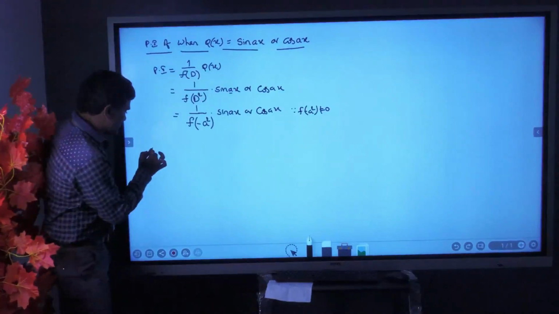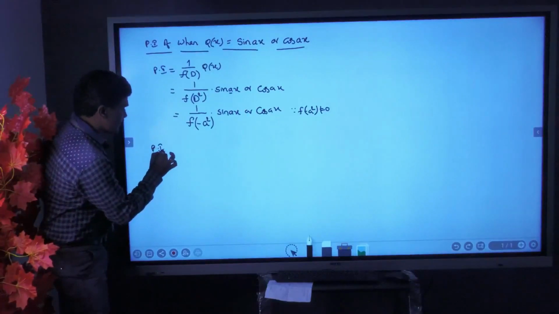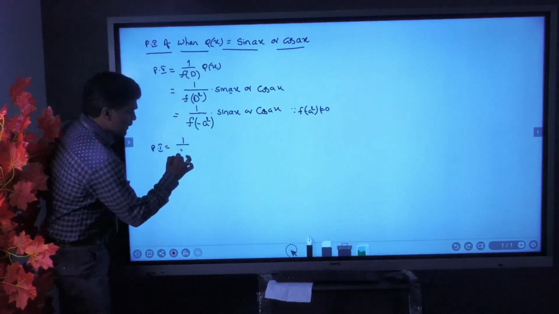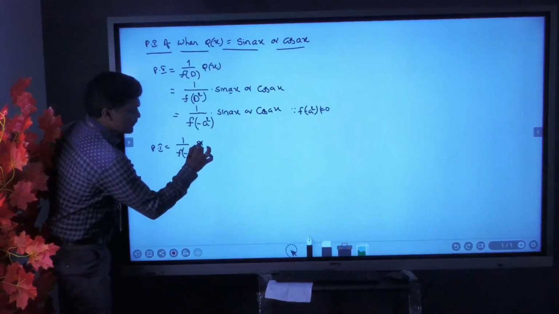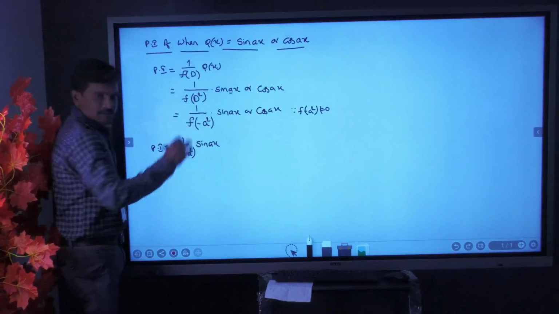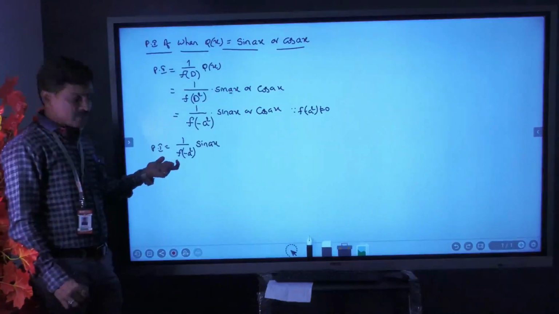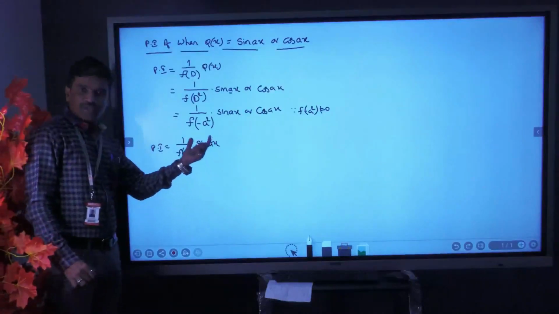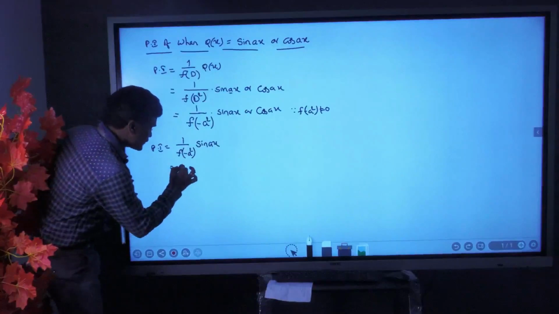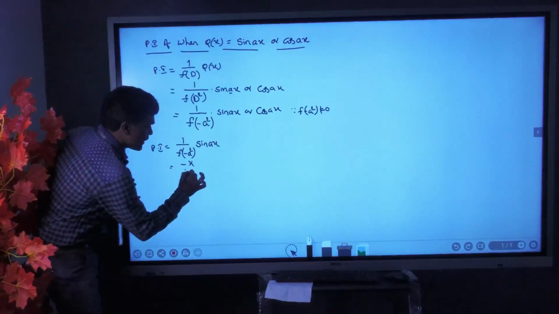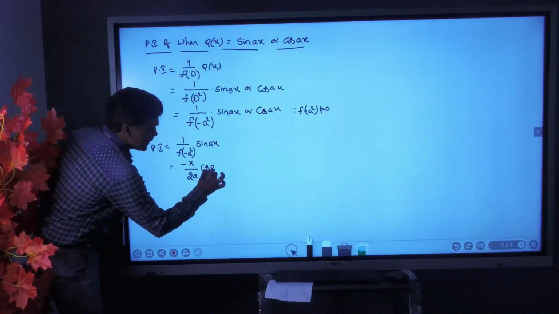So now the particular integration is 1 by f of minus a square if Q is sin ax. When we replace D square with minus a square, if the denominator is 0, and here Q is sin ax, then the particular integration is minus x by 2a into cos ax.